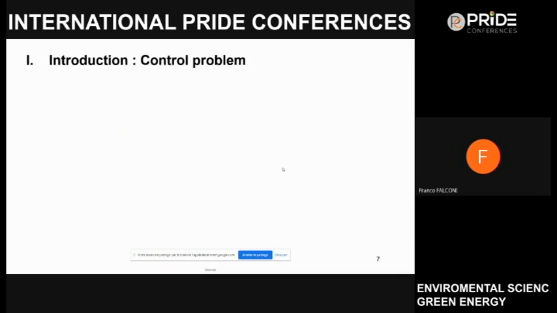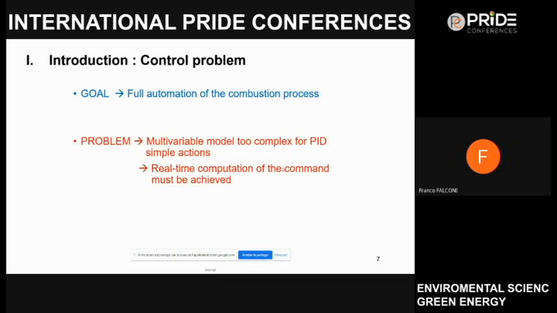So in our case, we're going to focus on the combustion, the control of the combustion. So we want to make the full automation of the combustion process, but there are some problems. The first one is that for a classical PID control, this kind of process is way too complex to handle.